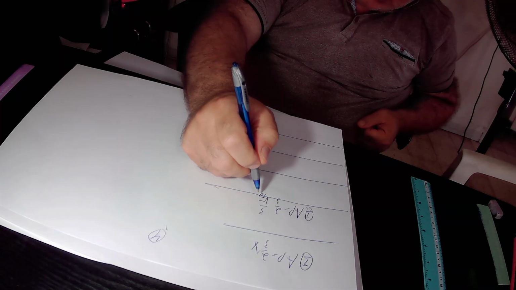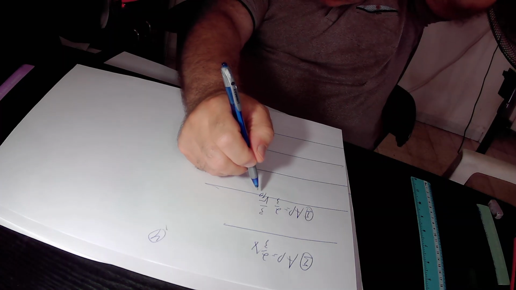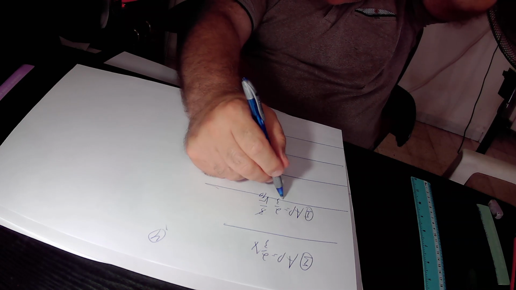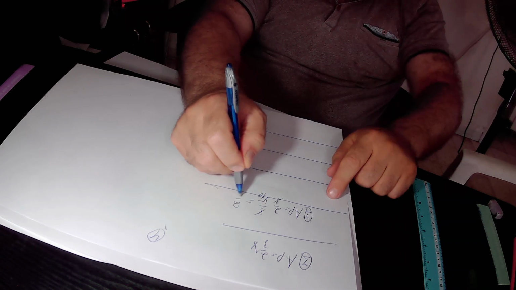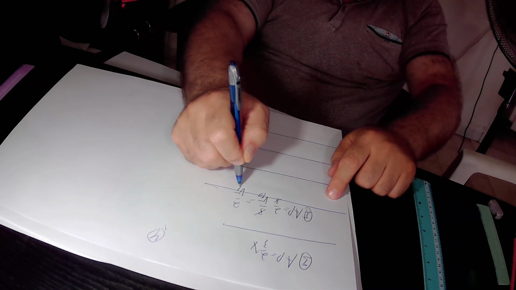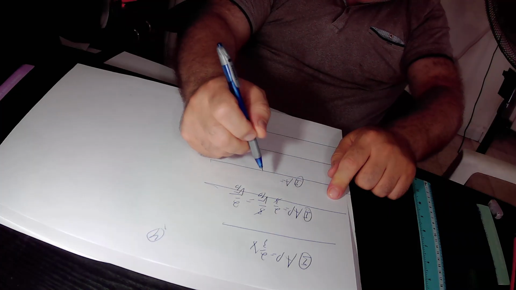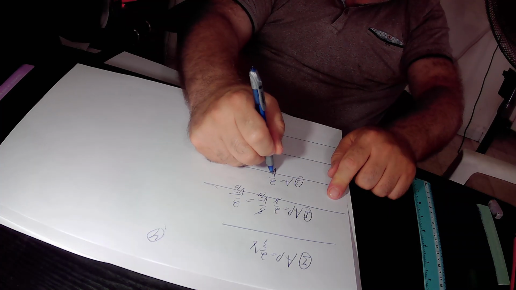In total we have 3 in the numerator and 3 in the denominator, so the 3 will get cancelled. We are left only with 2 over square root of 10. So in total AP equals 2 over square root of 10 units in its length.